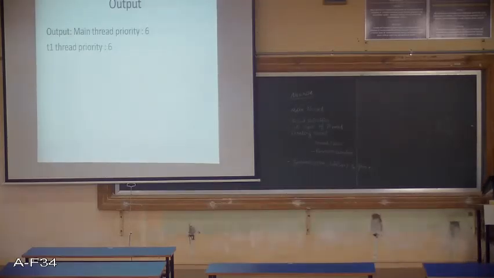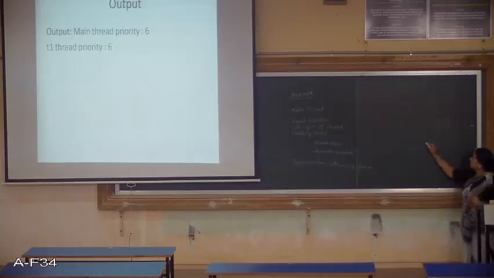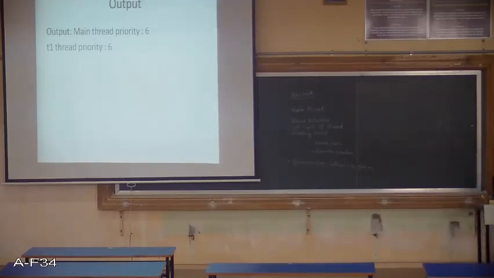So, some points to remember here are, if two threads have the same priority, then we can't expect which thread will execute first, isn't it? So, when T1 priority is 6 and say T2 priority is also 6, which one gets executed? How do we know that? Because both have the same priority.